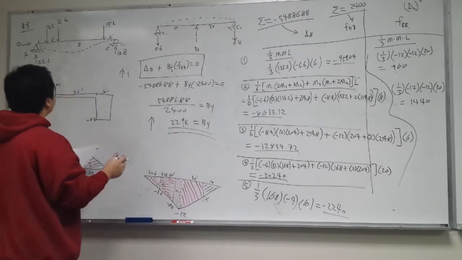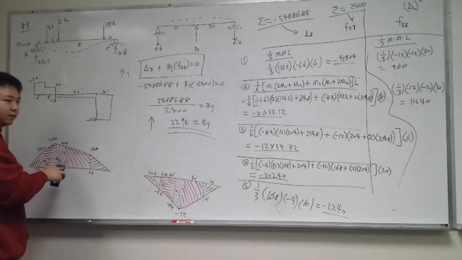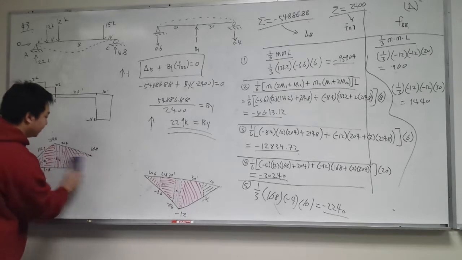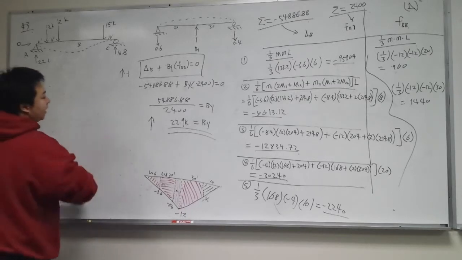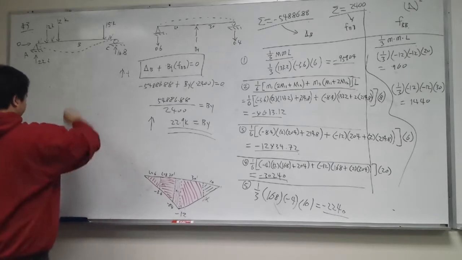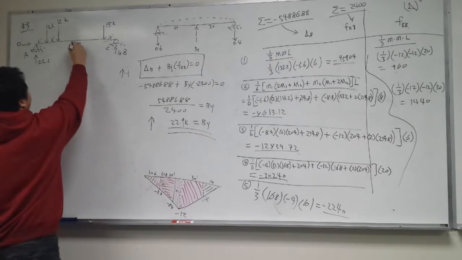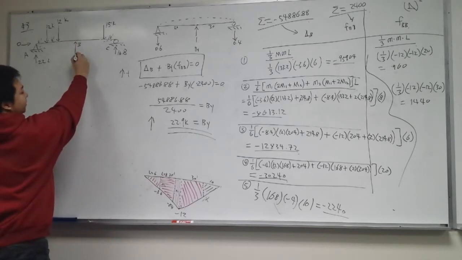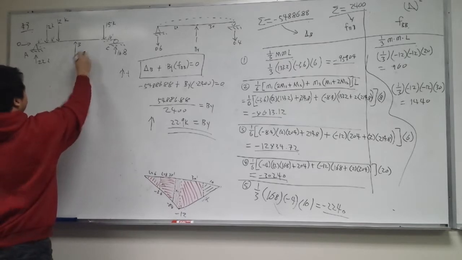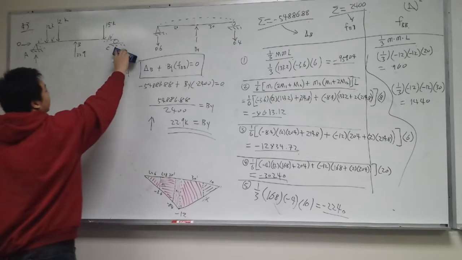So after you find the force, I can erase it, right? You erase. After you find By, you put it back here. By is 22.9. So you put it back here, you erase the old one.